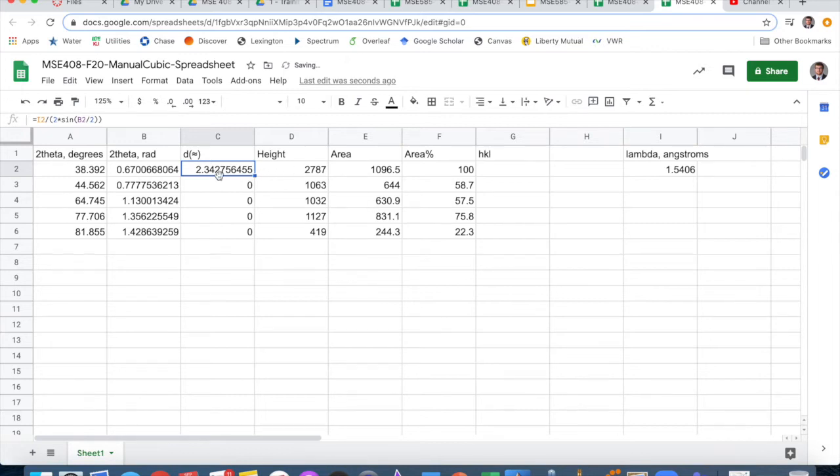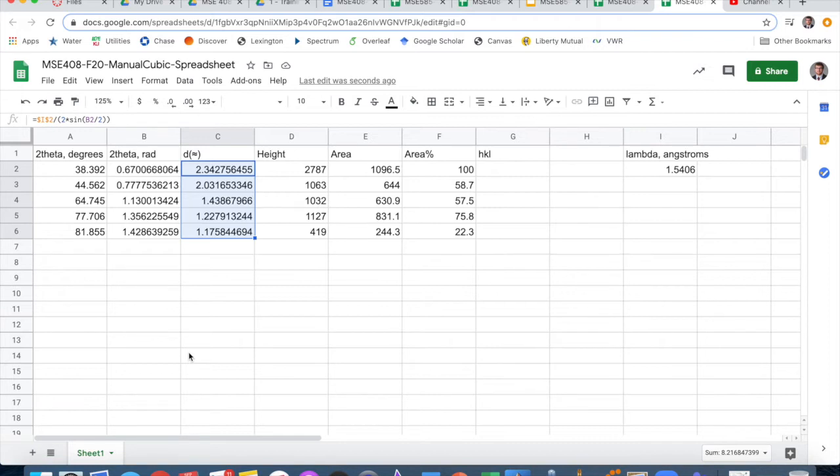And then you might have to change this a little bit so that this doesn't change. All right, let's see if that looks right. Yep. All right, there we go. So we've got the d-spacings. Okay, so we've got some initial data about our peaks.